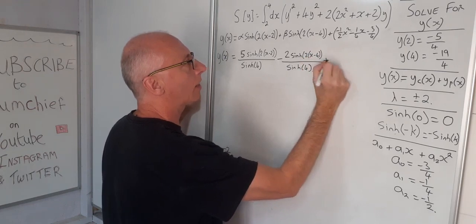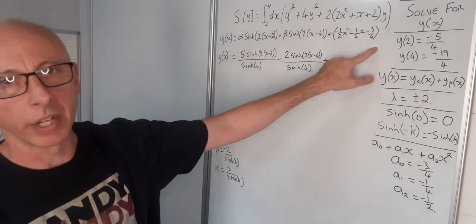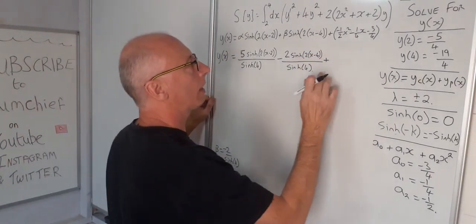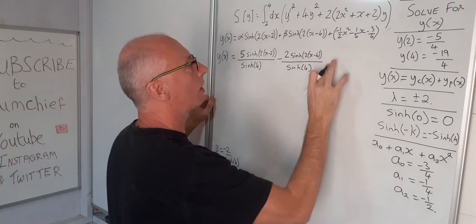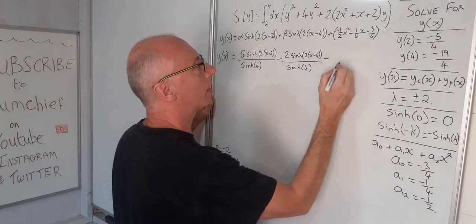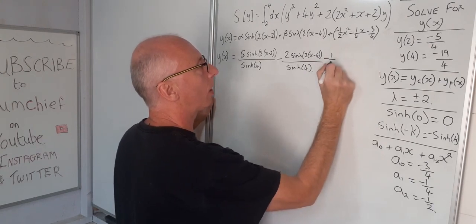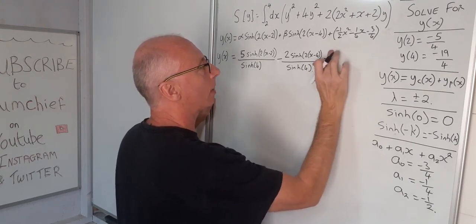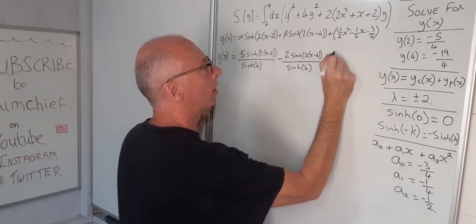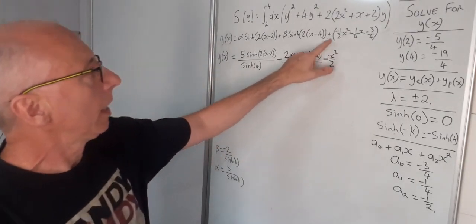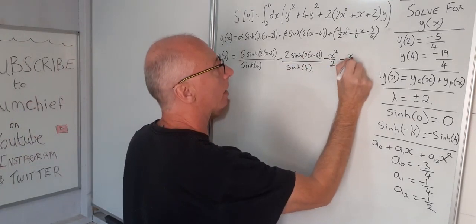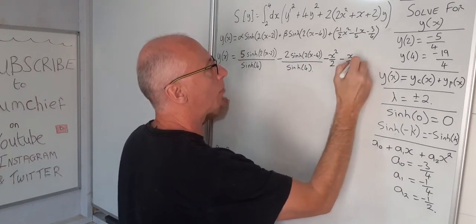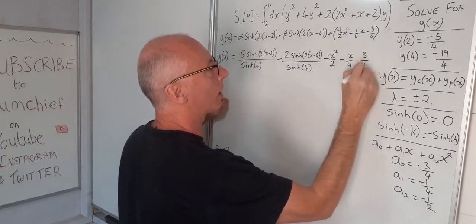And then I'm going to add onto that my quadratic here, which I'm now going to change this plus to a minus and distribute the minus into it just to make things look a little bit neater. So minus 1/2 and then x squared, so that 1 can disappear. Now I'm going to use my minus again, so I'm now going to have minus x over 4 and minus again minus 3 over 4.